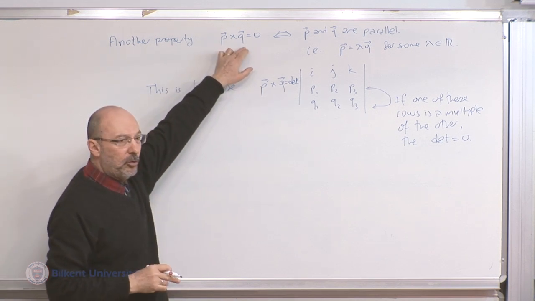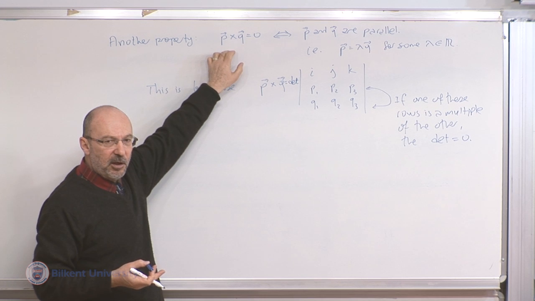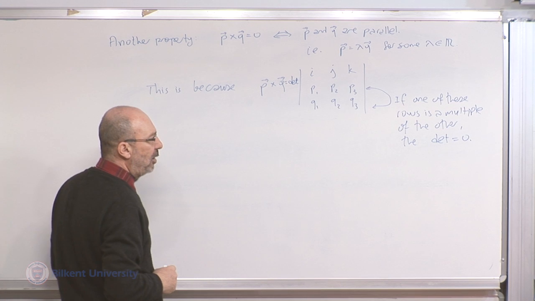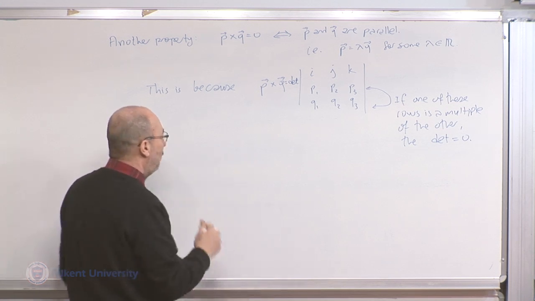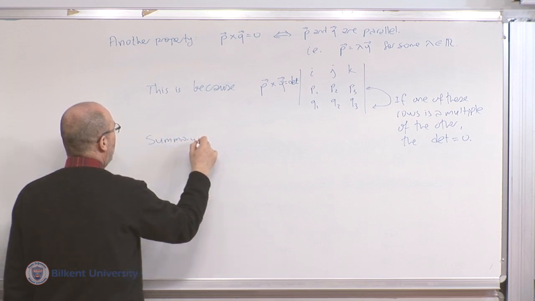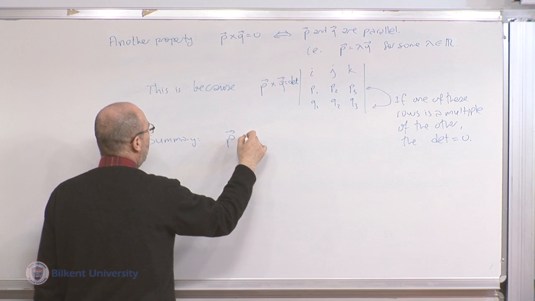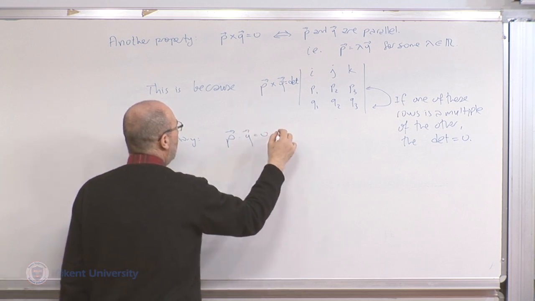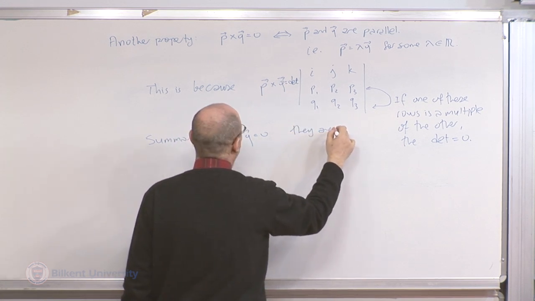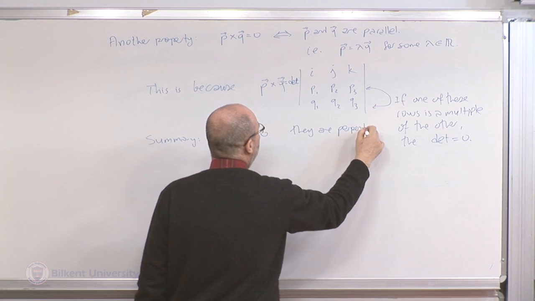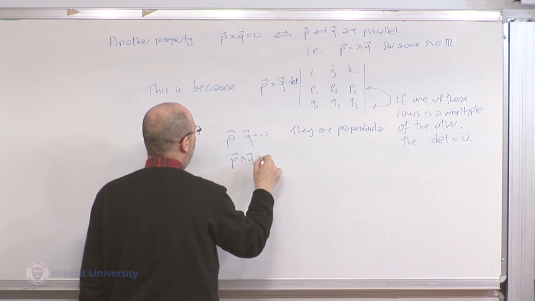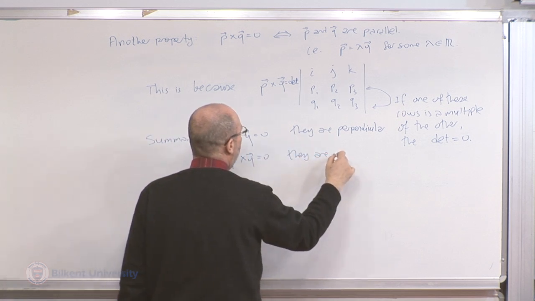If P dot Q is 0, they are perpendicular. If P cross Q is 0, they are parallel. So that's the last fact we want to write. Summary: P dot Q equals 0, they are perpendicular. P cross Q equals 0, they are parallel.